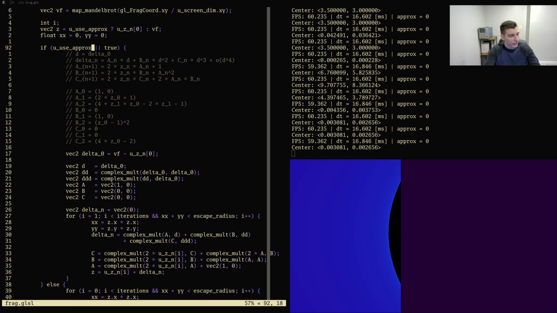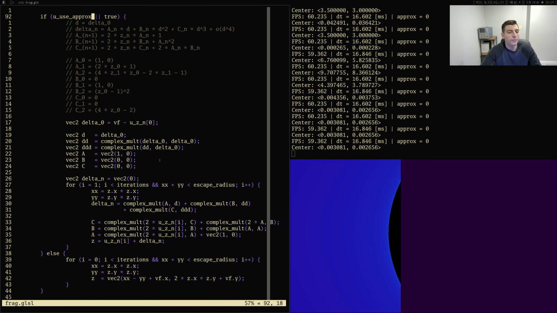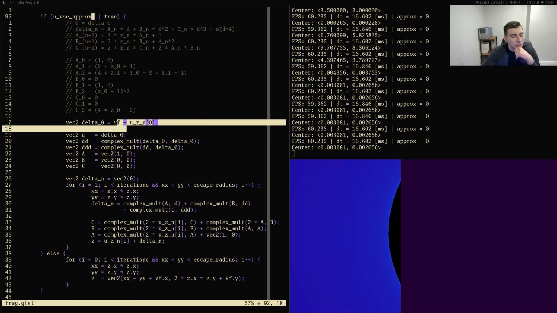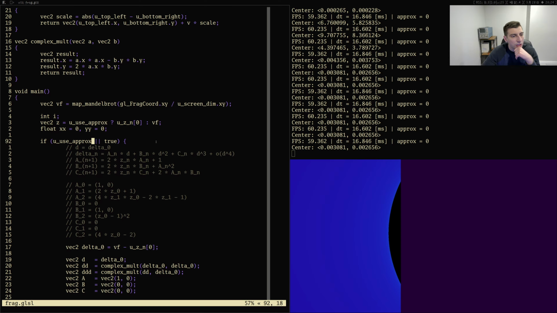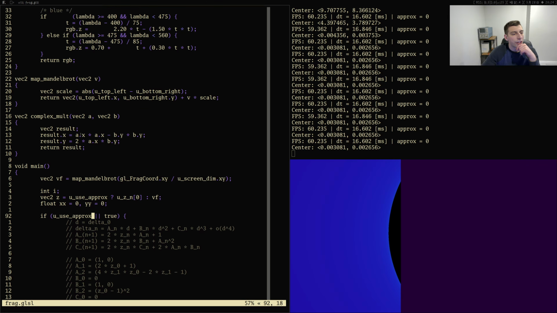Funny. Okay. So I might need to actually fix the C code now, or something is wrong with this calculation. It's possible. This map Mandelbrot thing is a little sketchy.